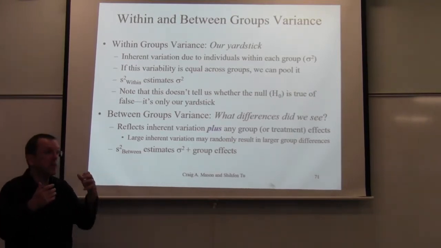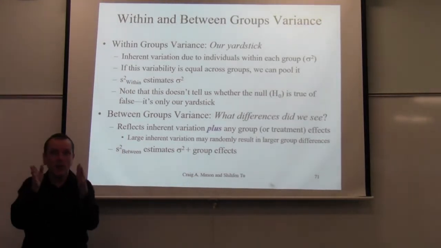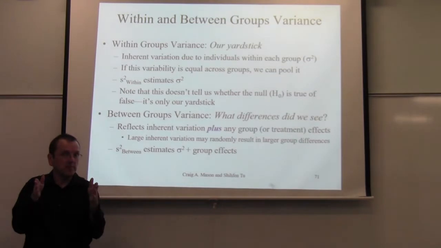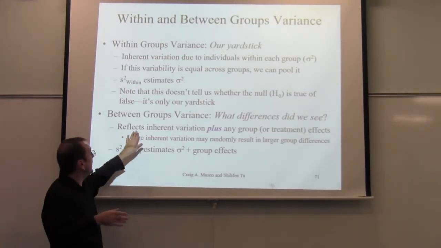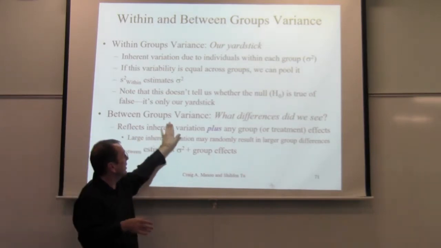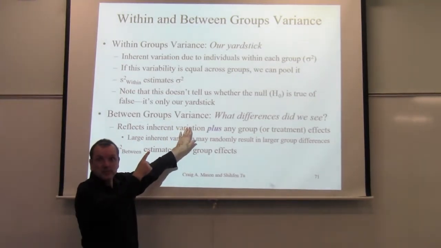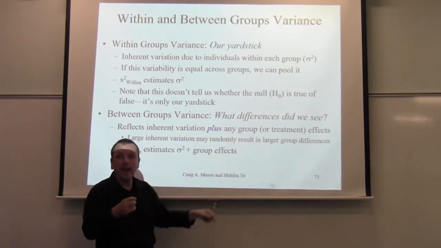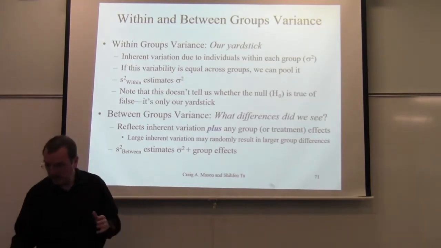It estimates that within variance plus whatever group treatment effects there are. So the between groups reflects that same variation that we've just seen plus any group or treatment differences.